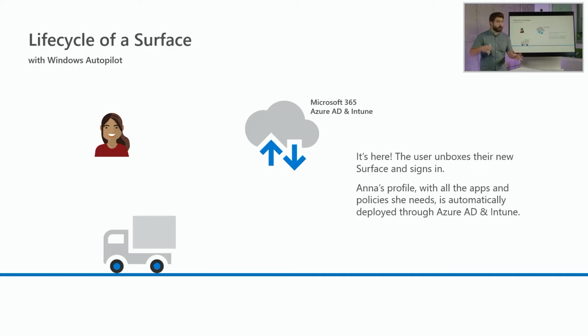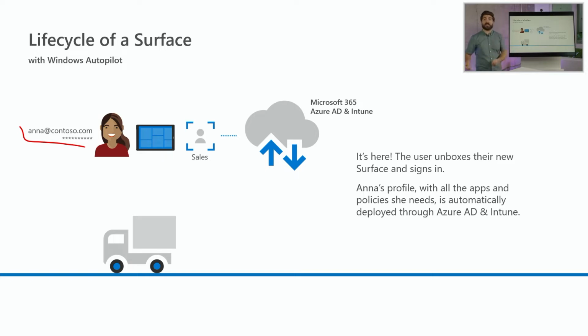In our little example here, we have Anna, who just started in the sales department of Kintoso Corporation, and she gets the device shipped directly to her from Kintoso. She is able to pop it open at home.